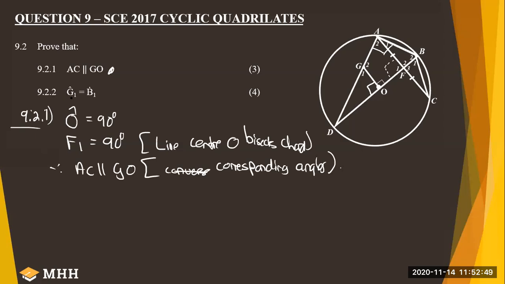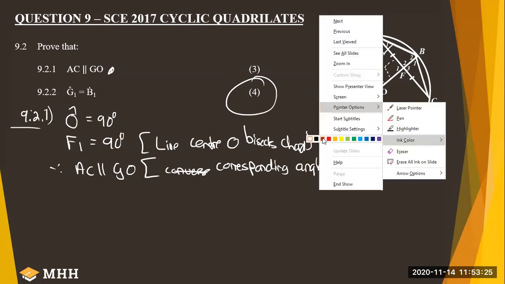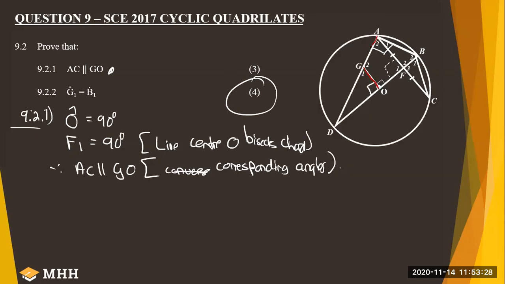Okay, then G1 we must prove is equal to B1. 4 marks. Okay, G1 and B1. Let's quickly see if we can somehow prove it. Just remember this was the cyclic quad.